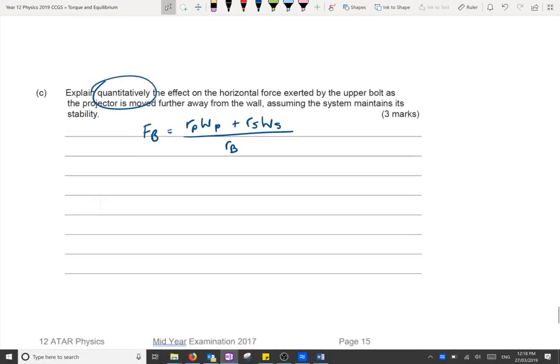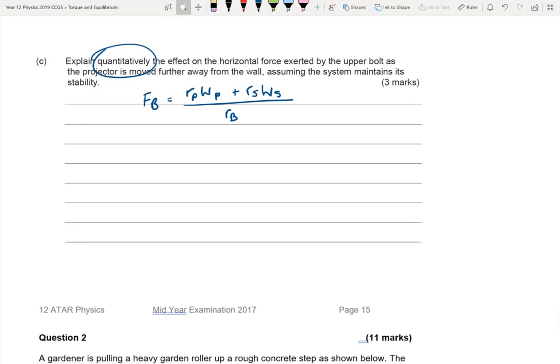Close enough. So, the effect on the horizontal force as the projector moves: it's not actually proportional to the radius. Doubling the distance of the projector will not double the force, because we've also got something else producing a counterclockwise moment.